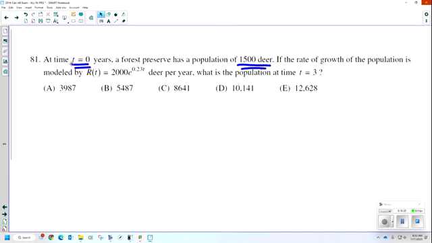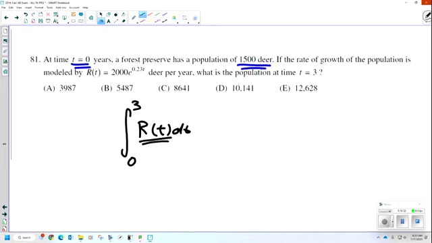All right, if I want the total number of anything, I can integrate the rate to get the total number. So if I integrate R of t dt from 0 to 3, it will add up all my deer in this rate from time 0 to time 3.